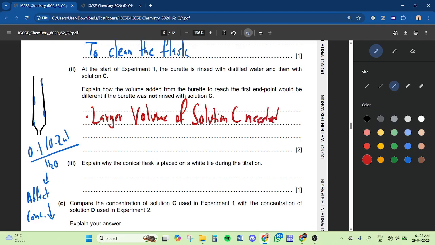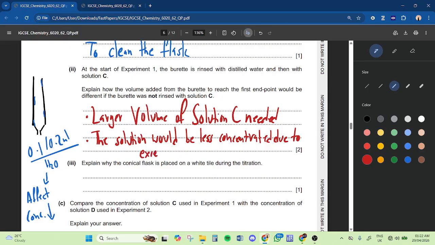And then you're going to mention over here that the solution would be less concentrated, due to excess water. All right, next question.